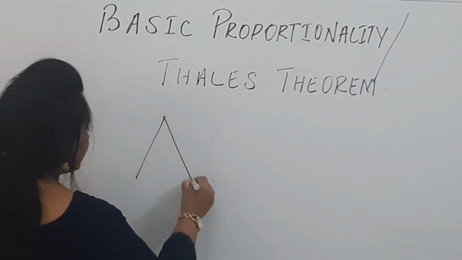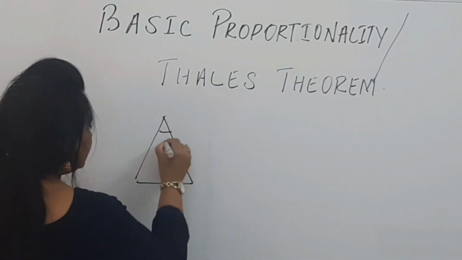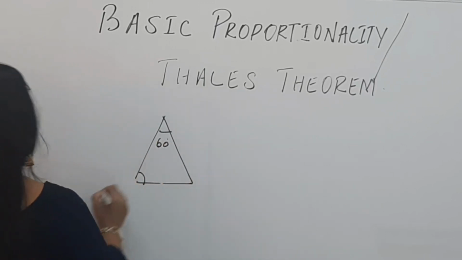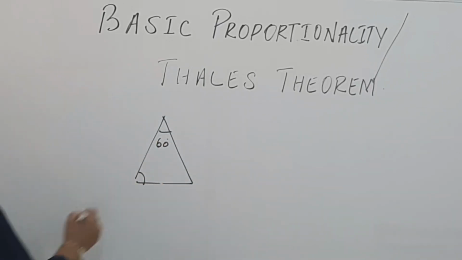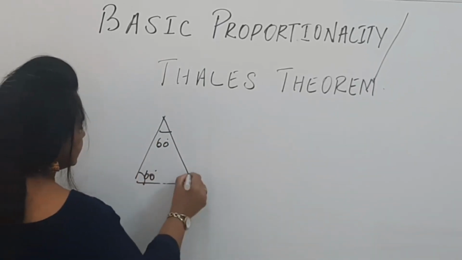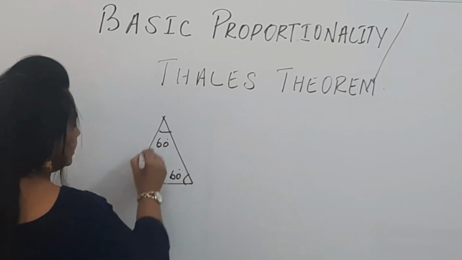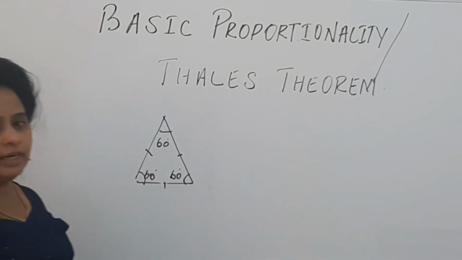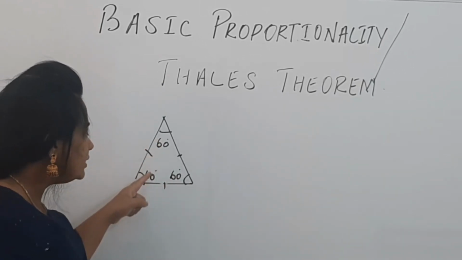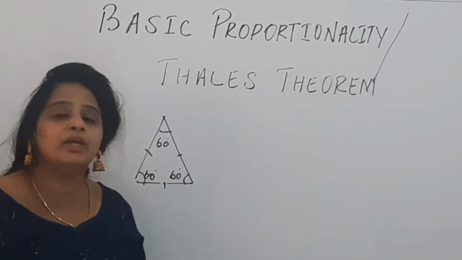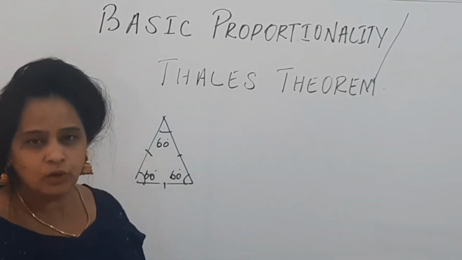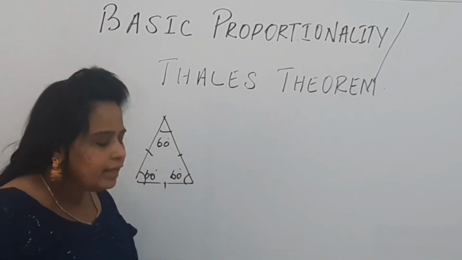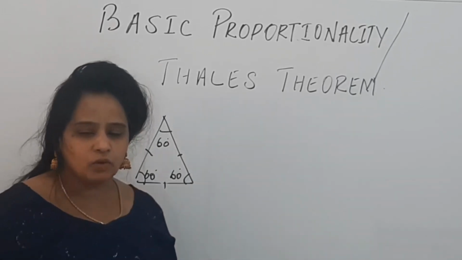So I have a triangle. This angle is 60 degrees, this angle is 60 degrees, this is 60 degrees, and all sides are equal. This is said to be an equilateral triangle, and you can say that this is equiangular also, that is, all the angles are equal. This is the first concept.